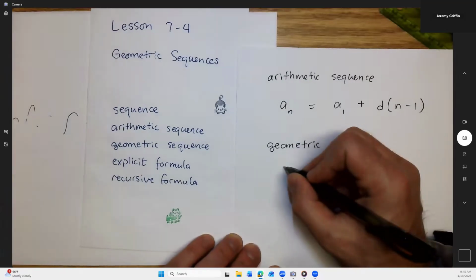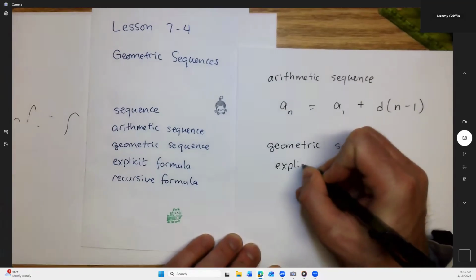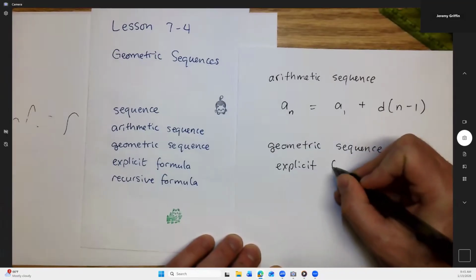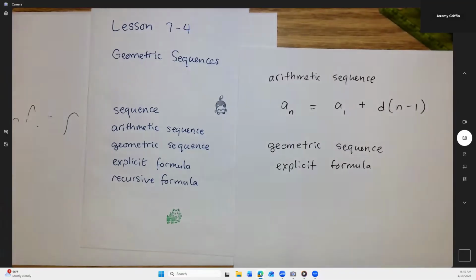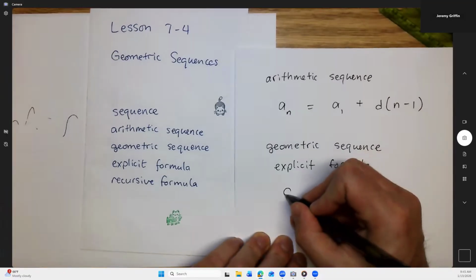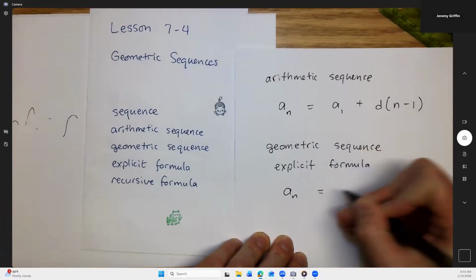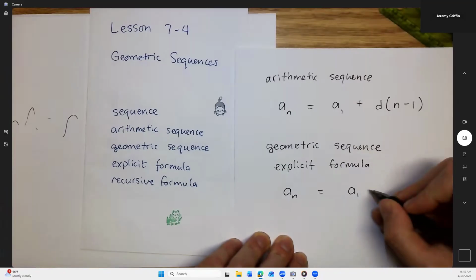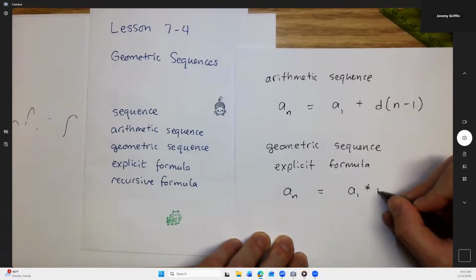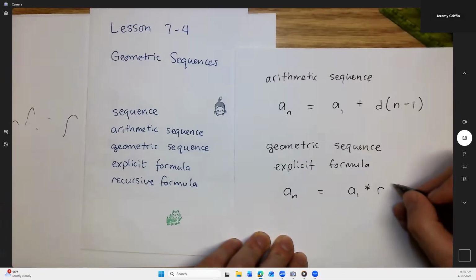Okay. So let's start with the explicit formula. This is to say, the nth term is equal to the first term in the sequence multiplied by some common ratio to the power of n minus 1.